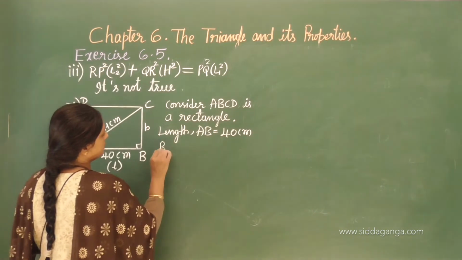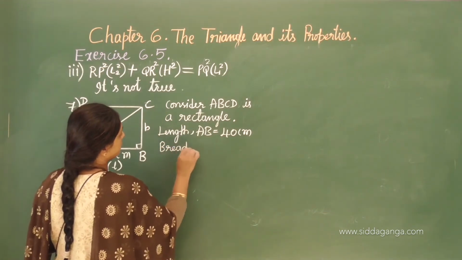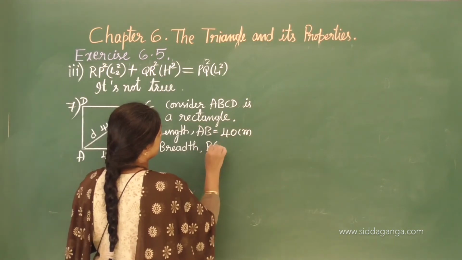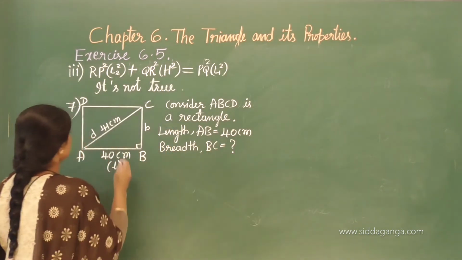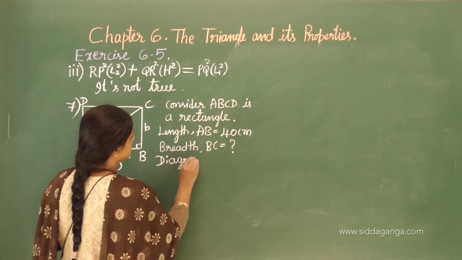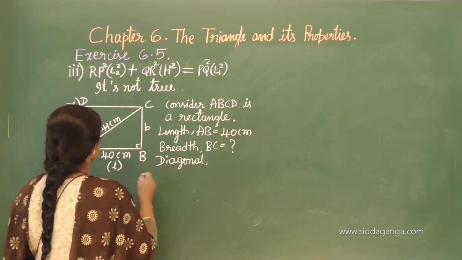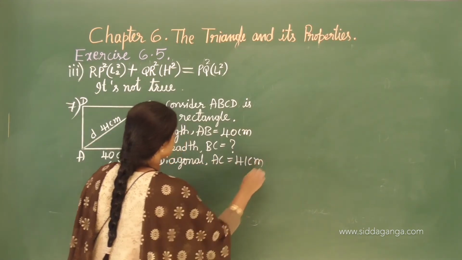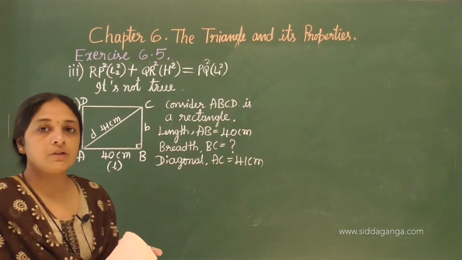Okay, breadth BC is equal to, we have to find, and diagonal. What is diagonal here? It is AC. AC is equal to 41 centimeter. Which property can we use here?